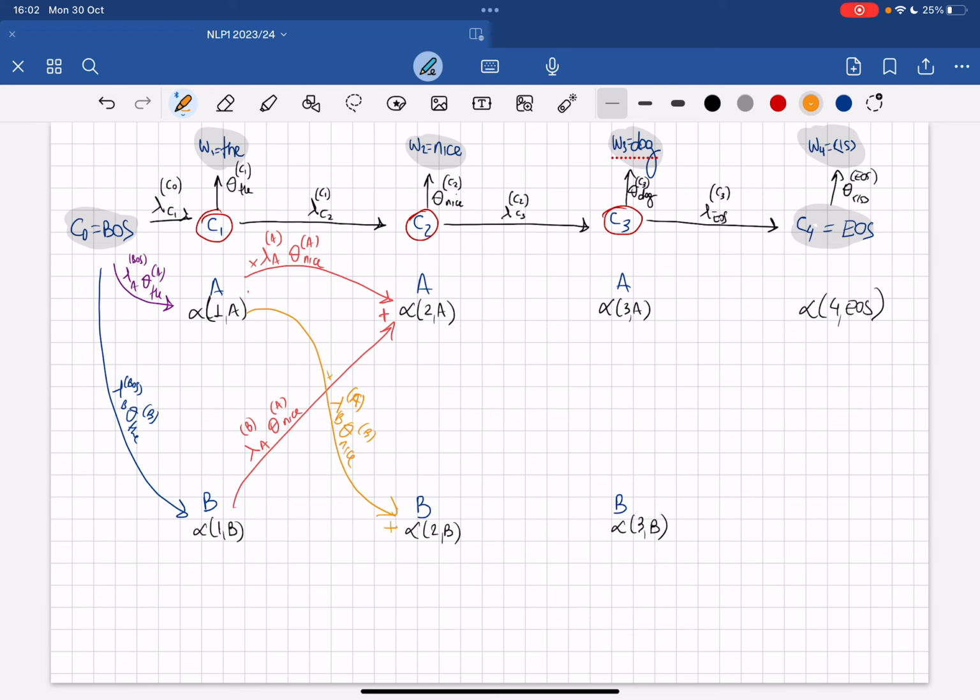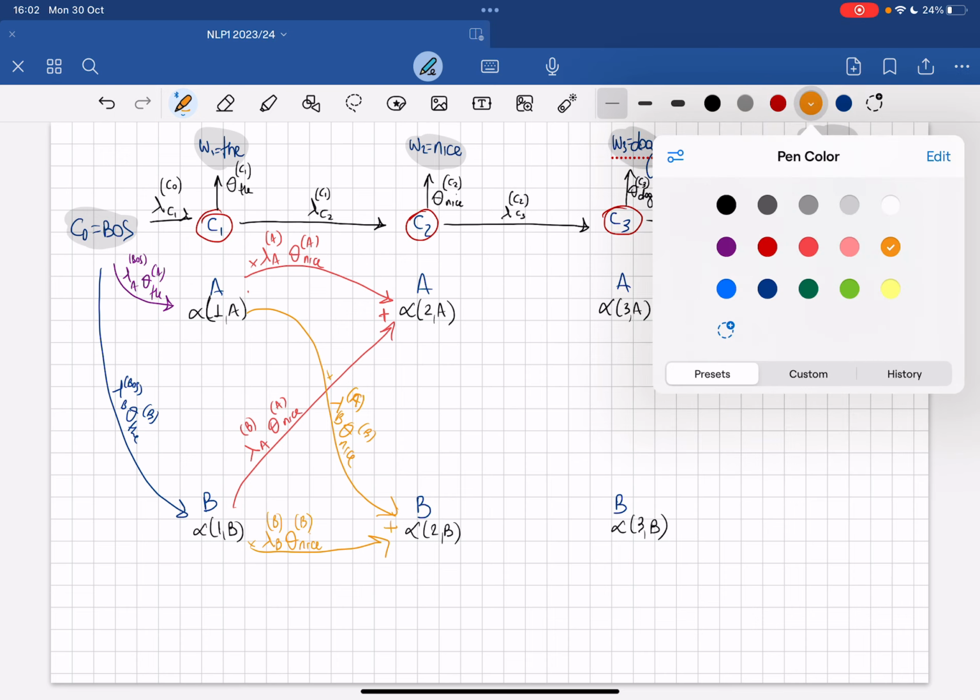Or we continue from C1B with a transition from B to another B, and then an emission from B of nice. So we would go this way, or that way. We would combine alpha 1A times this transition emission pair plus alpha 1B times this transition emission pair. And this is precisely the value of alpha 2B.